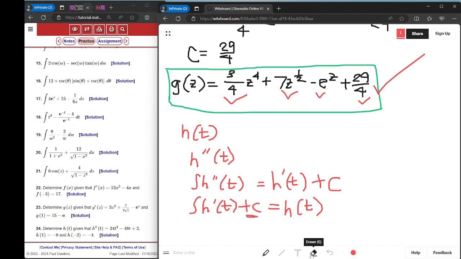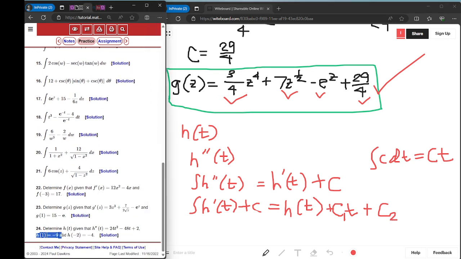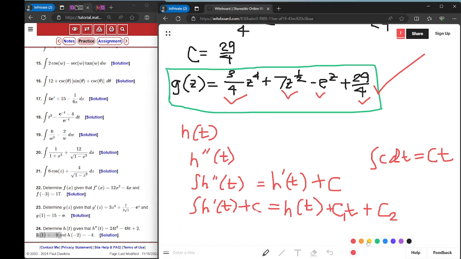The integral of c dt is ct. So that's ct and another plus c. So this would be c sub 1 and c sub 2. That's why we also have two given values here, because we have two unknowns, c sub 1 and c sub 2.